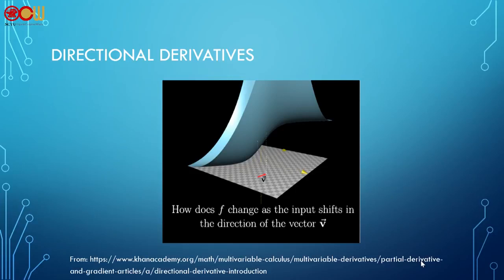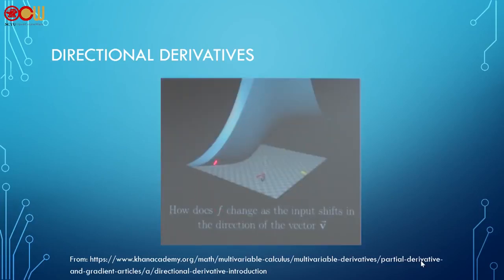This has been covered in your engineering mathematics. Here f is this level function, or the function in the z direction. It is defined as how f changes as the input shifts in the direction of vector v. The direction of vector v is defined on this phase portrait, a 2D plane, as the dynamics of the vector field.